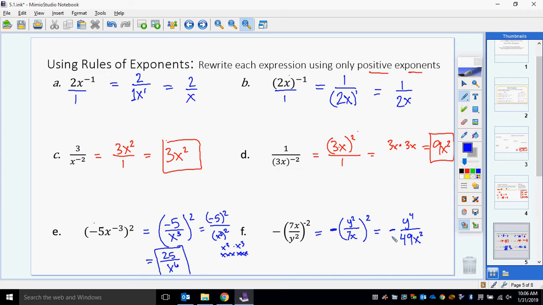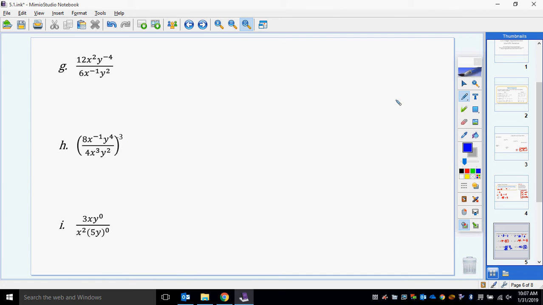And I have that negative, like I said, out in front of my parentheses. It's being multiplied by a negative. Remember, 7 squared does not mean 14, it means 7 times 7. If you have any questions, please raise your hand and I will come around and explain it better in person.